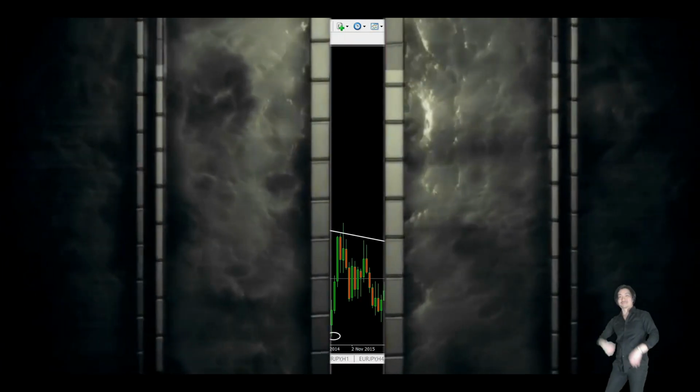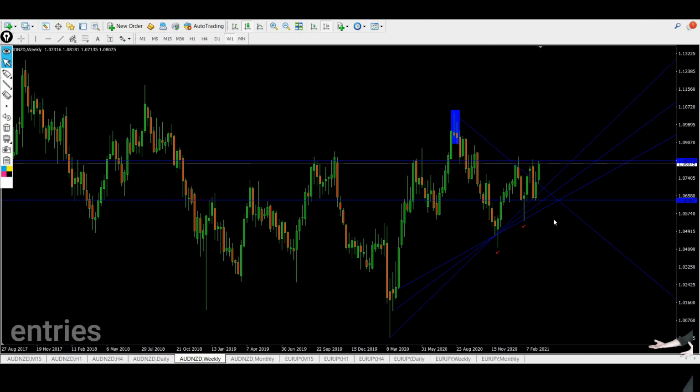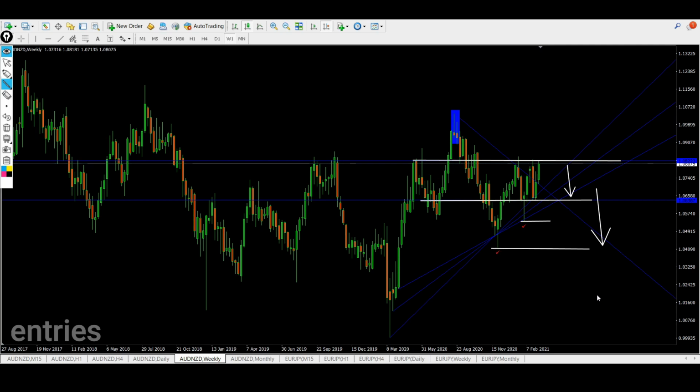Okay, so let's talk entries. This is a weekly chart. Now we were talking about price being in a range with these two gap levels right here, right here. So basically price is in a range. However, in the short term, we are short bias, so we are only taking short trades with our first target being this pivot low right here, and our main aggressive target being this pivot low right here.